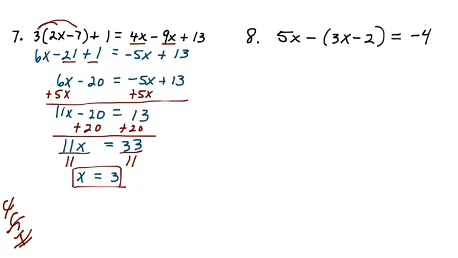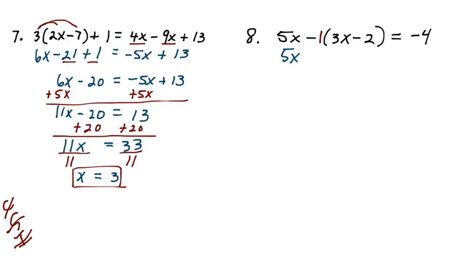Now the left side is something similar to what we've done before when we were simplifying expressions. Let's see how you do with this one. All right, so let's see. First of all, we're going to bring down 5x, and we've got a minus in front of parentheses. We know that there's a 1 in front of that parentheses.